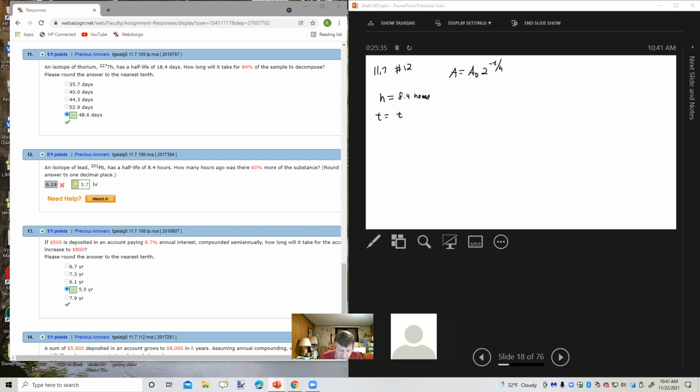Okay. But here's the deal. The ending amount is what we're starting with. So we're going to call that A. The amount in the past that we're trying to determine how long ago says was 60% more of the substance. So the beginning amount was 60% more than the ending amount.